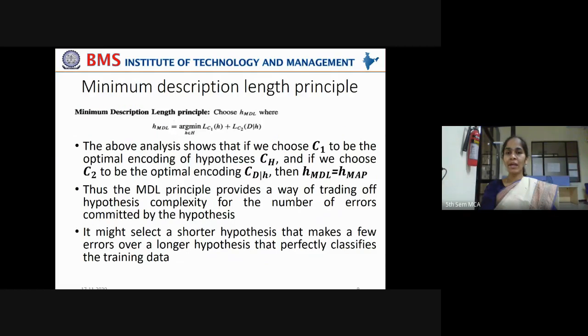Now this above analysis shows that if we choose C1 to be the optimal encoding of hypothesis H, and if we choose C2 to be the optimal encoding for D given H, then in that situation, your minimum description length hypothesis is equal to your maximum a posteriori hypothesis.